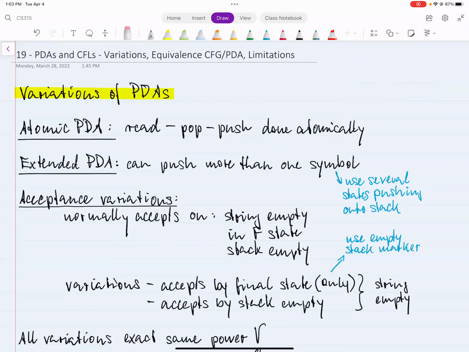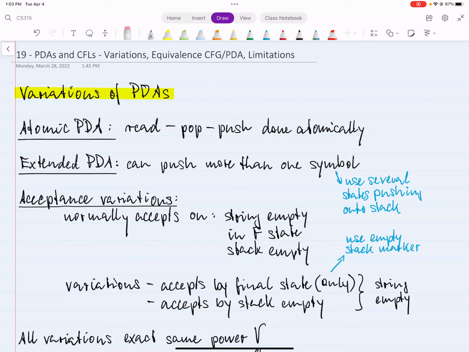So the third variation is the variations in how a PDA is accepting. How does the machine accept? Remember, in the last class, we said acceptance is when? What were the ingredients? Empty stack, right? What else?